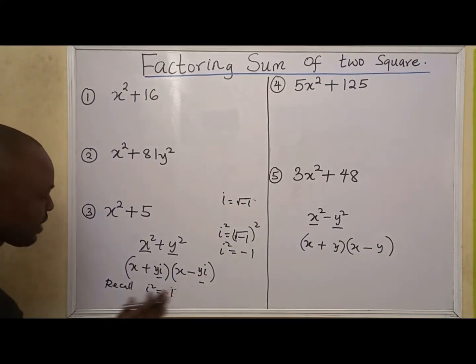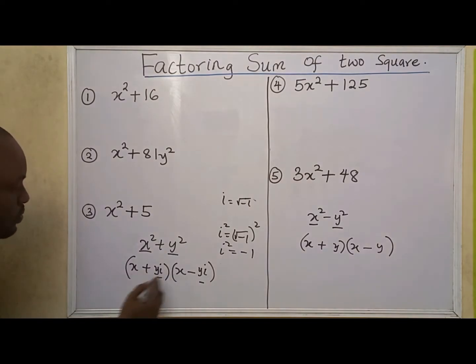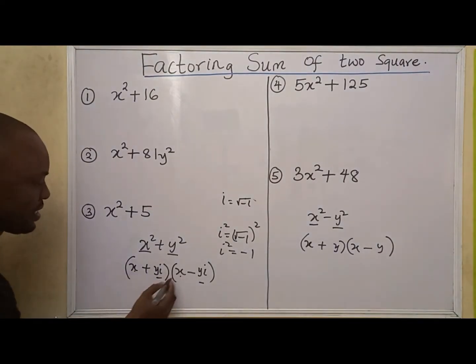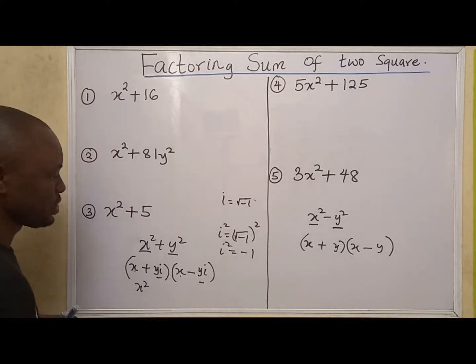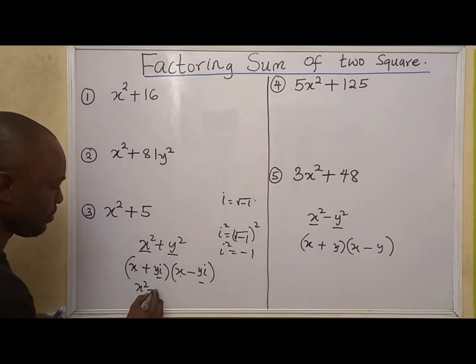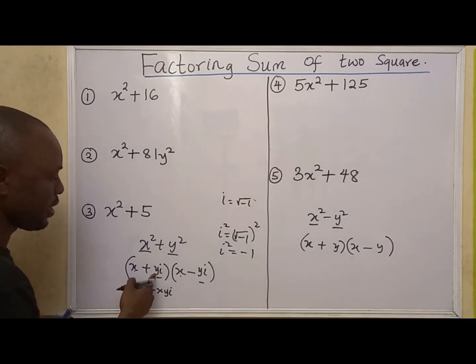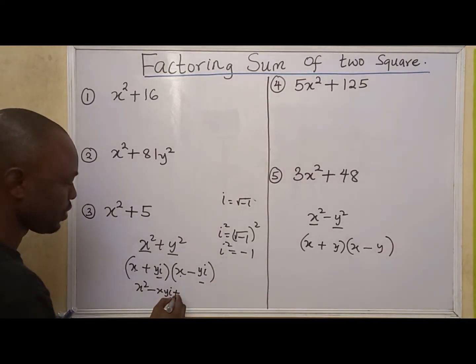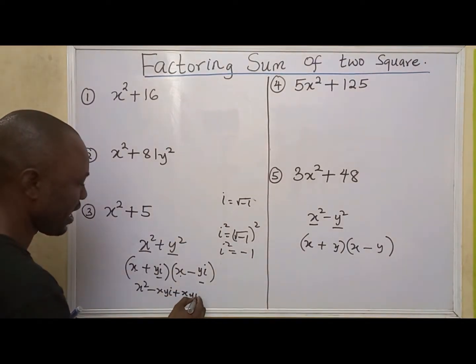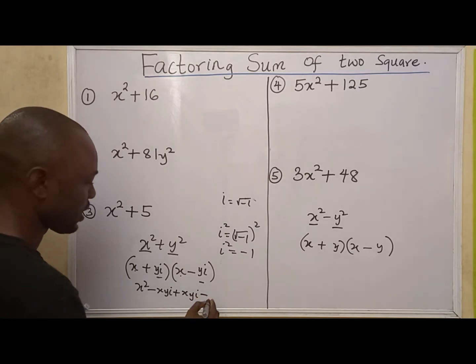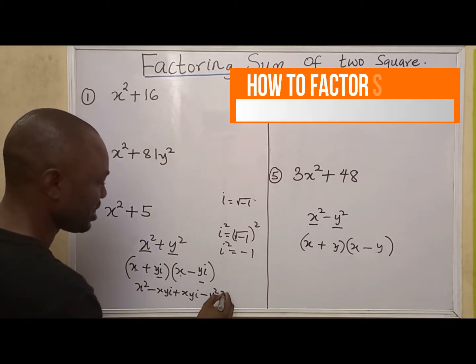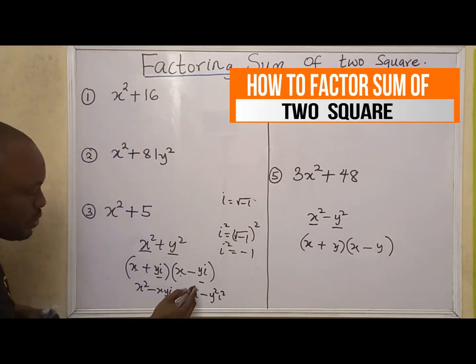Now if I open up the bracket by multiplying x times x, I'll get x squared. x times minus yi, I'll get minus xyi. yi times x, I'll get plus xyi. yi times minus yi, I'll get minus y squared i squared. So these will cancel out.